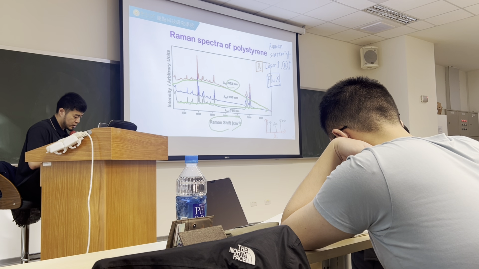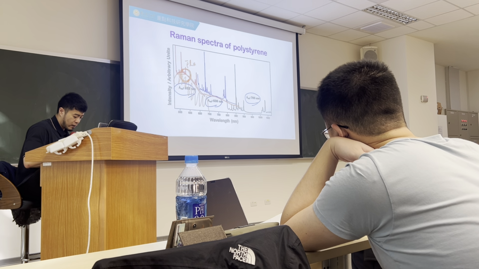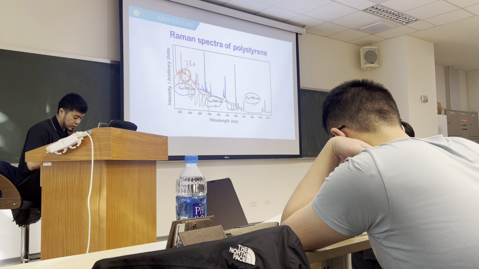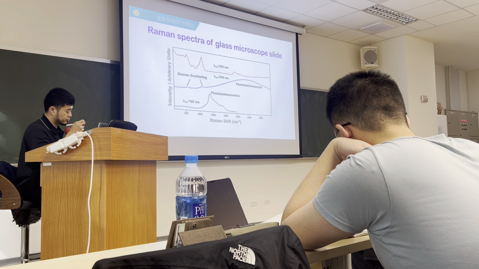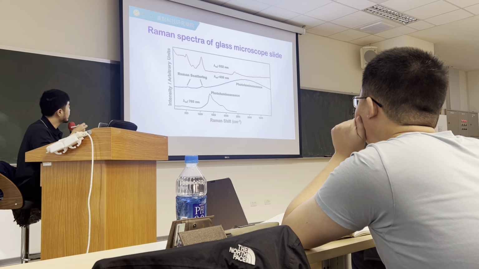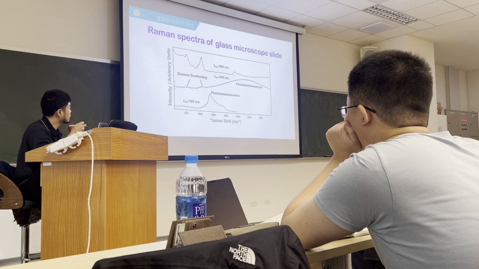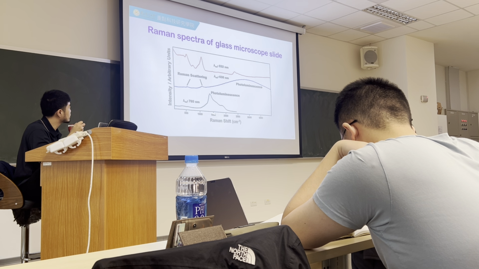Now you know why you see this kind of spectrum. Here I would like to share with you some more practical data. In this case, again, we are plotting based on Raman shift.